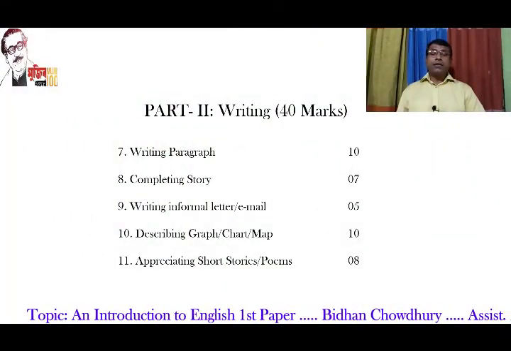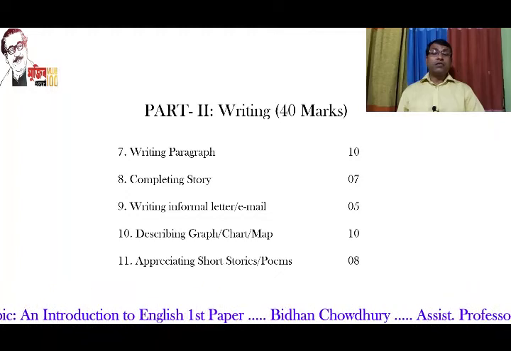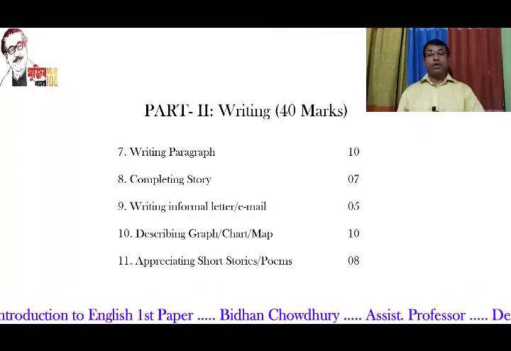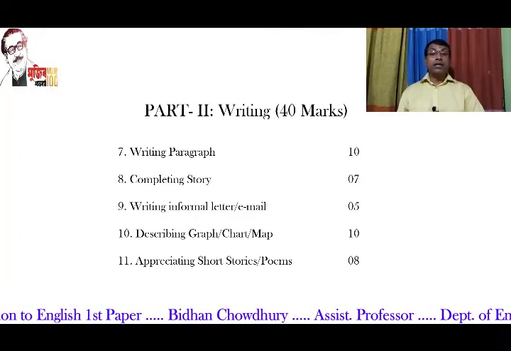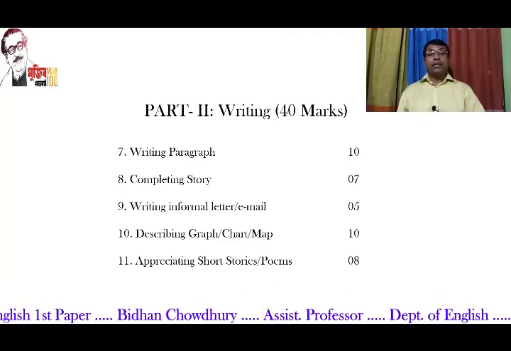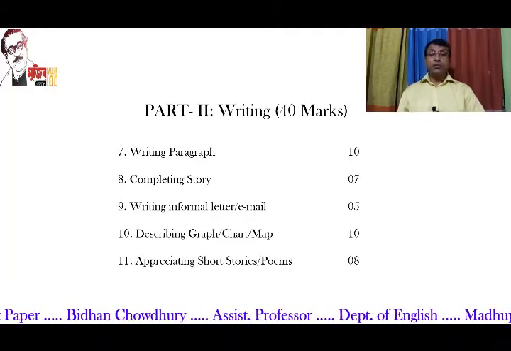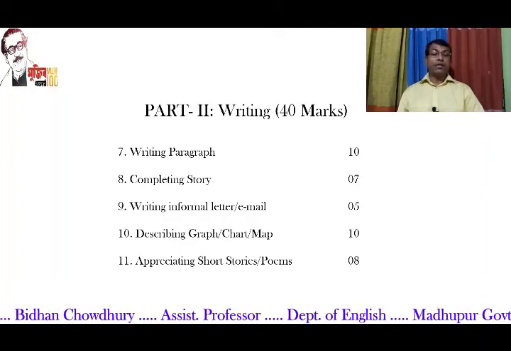Here in this slide, that means in part 2, it consists of writing items, and the part has 40 marks. And this 40 marks is distributed in 5 different writing items.